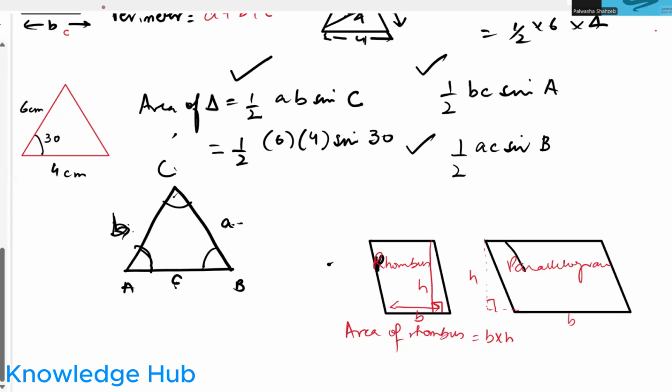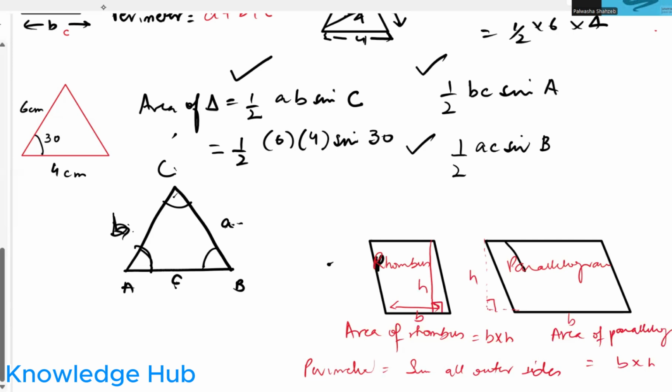And again, the formula for the area of parallelogram is base times height. So area of rhombus and parallelogram both have the formula base times height. And for perimeter, as perimeter is the sum of all the boundaries, we are going to sum all outer sides, right? I hope it's quite clear to you.